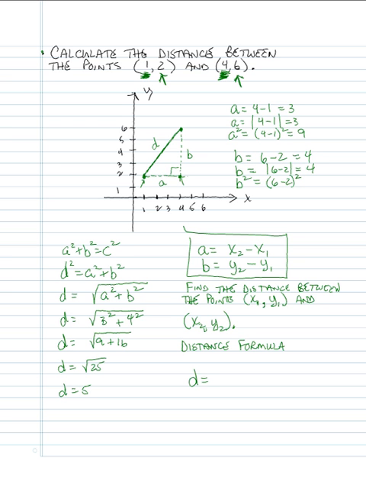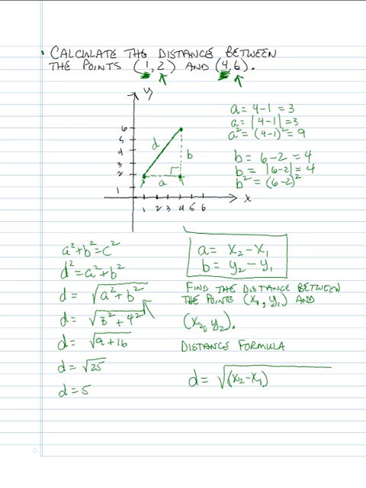Well, how did we calculate it a while ago? It was a square root, wasn't it? It's a square root of a squared plus b squared, where a was the difference between the two x values. So if we have a, the distance between the two x values, one x value is x subscript 2, and the other x value is x subscript 1.